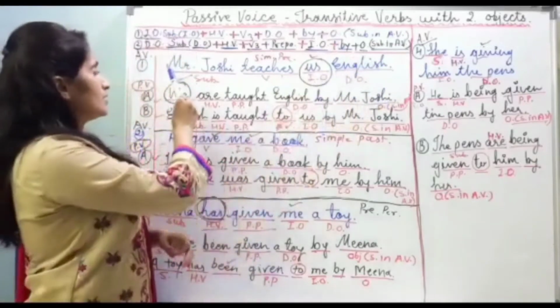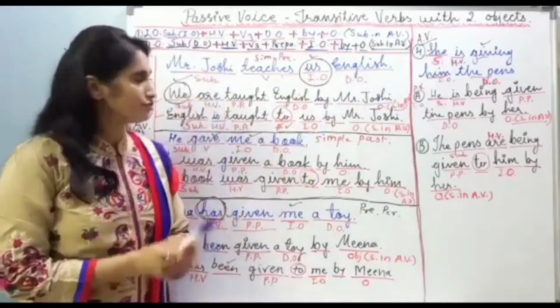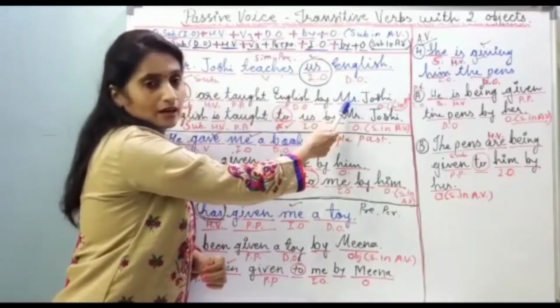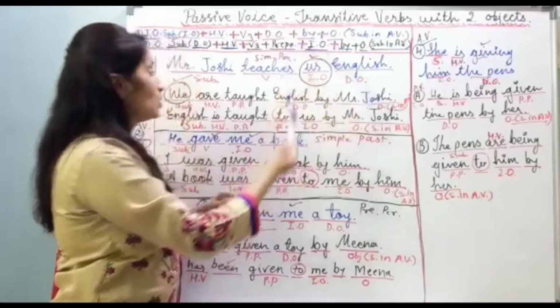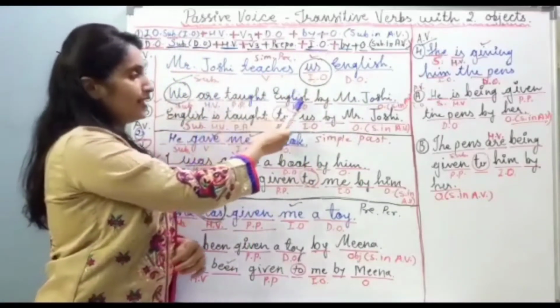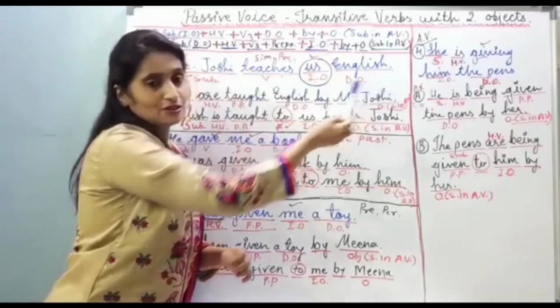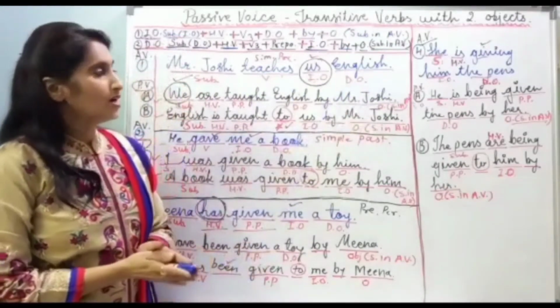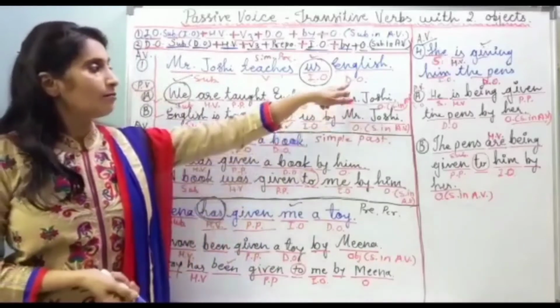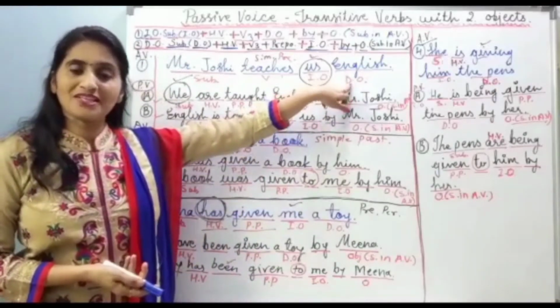Why? Because in this sentence, Mr. Joshi is the subject and it becomes the object in the passive voice. So the conclusion of the sentence is, We are taught English by Mr. Joshi.